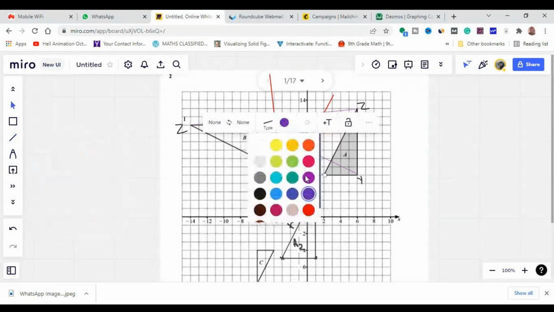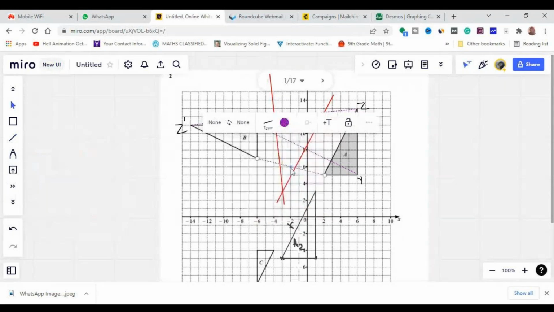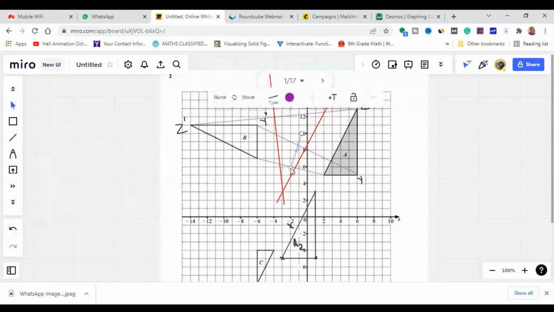Okay, now you can see this purple dot here. It is showing the midpoint of this line segment, and I'm going to draw a perpendicular line over here. This is the midpoint. Now I'm drawing the perpendicular line, and I'm going to extend it. Beautifully, it is intersecting at this point, minus 3, 3.